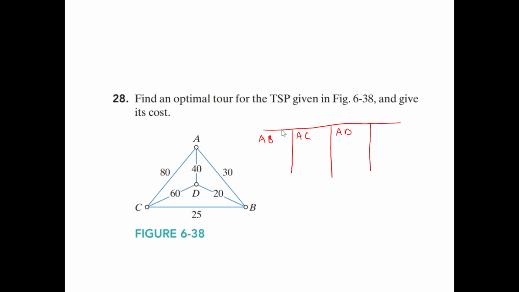Then for your third one, you will have two choices. So each column will have two choices. You can go A, B, C, or you can go A, B, D. But once you do that, for your last visit you don't have a choice anymore. A, B, C, D.